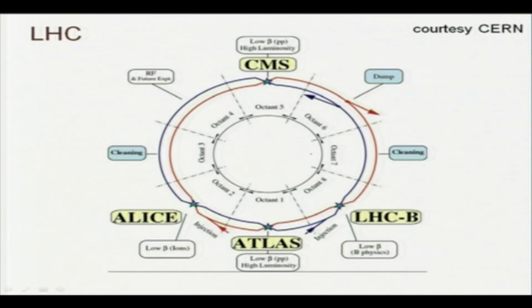One is CMS, the other is named ATLAS. And there are two other ones: one is the ALICE collision point and detector, and the other is called the LHCb experiment. In this way, the blue is one beam of protons, the red is the other beam of protons, and they are collided at different special points mentioned here.